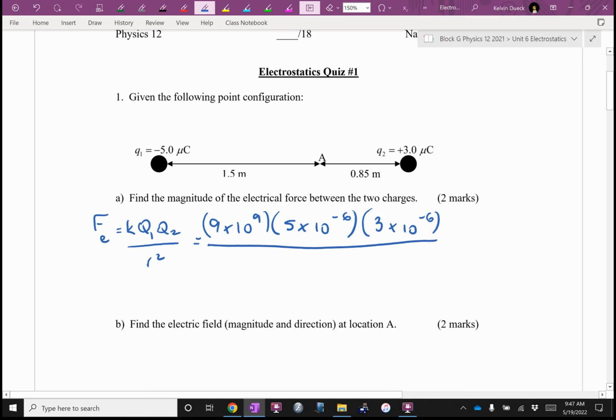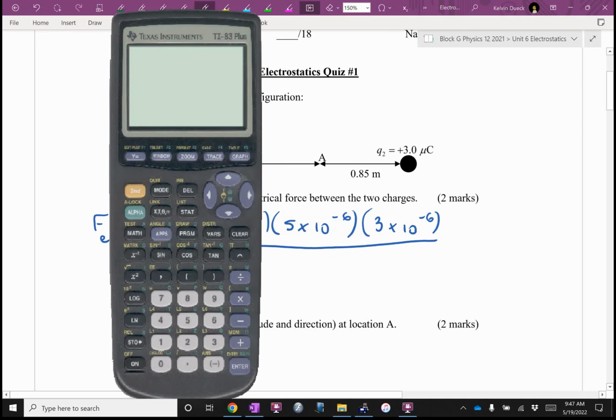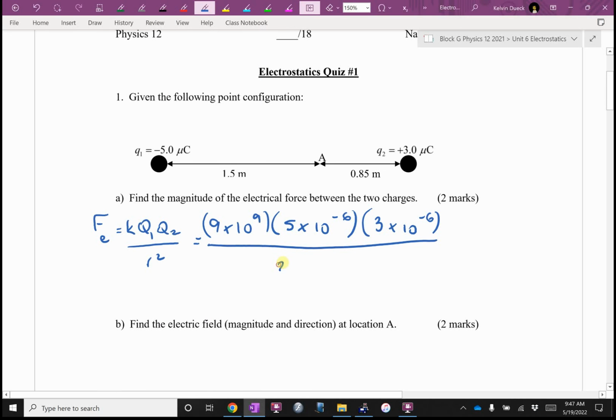All over R squared. I guess R is 1.5 plus 0.85. I guess R is 2.35. I'll double check that because it's a quiz. And don't forget the squared.